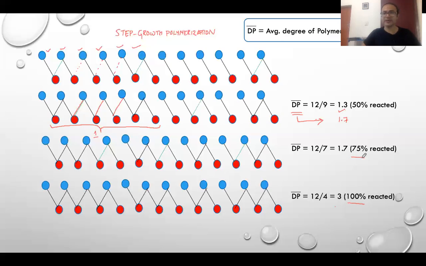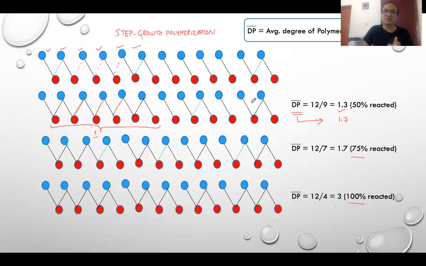Let us compare the values for step growth and chain growth polymerization. You will find that the average degree of polymerization for chain growth polymerization is very, very high.